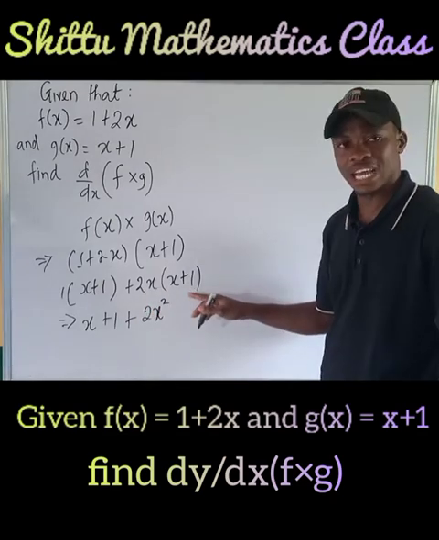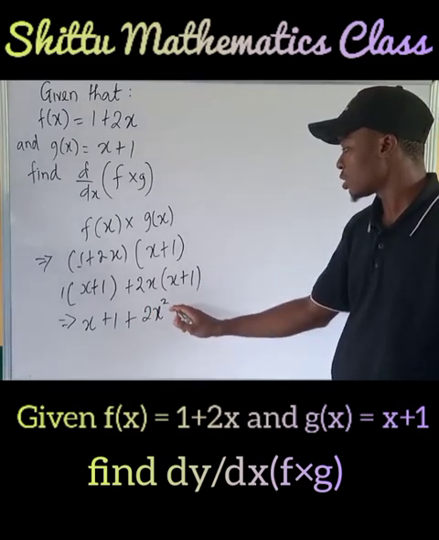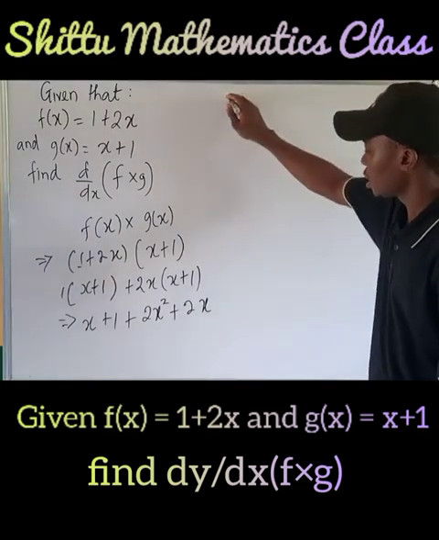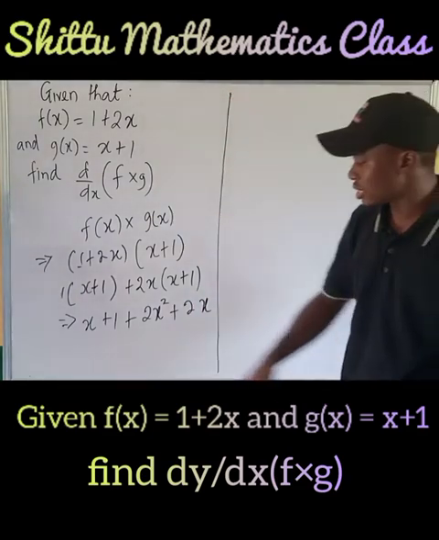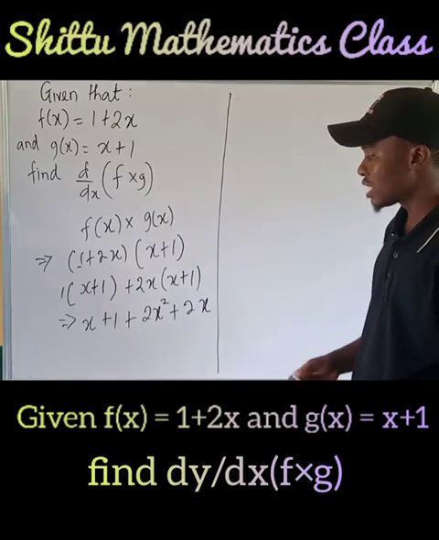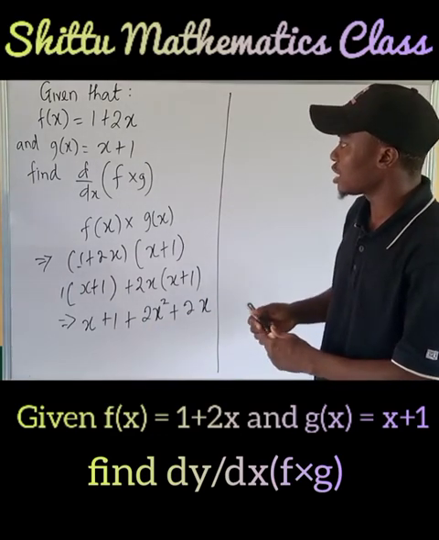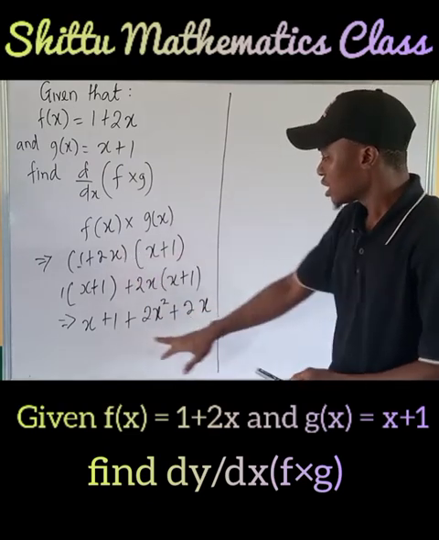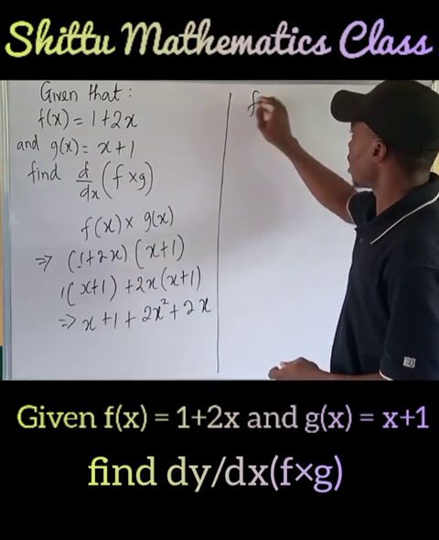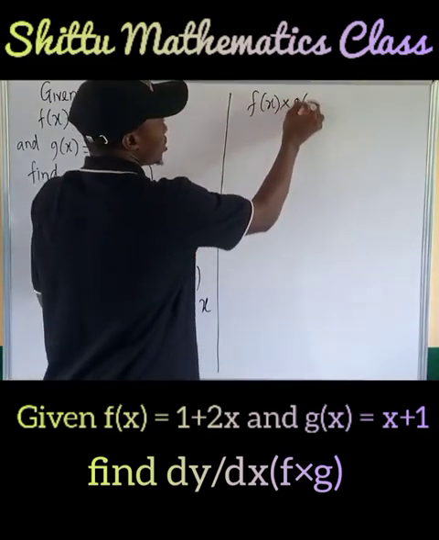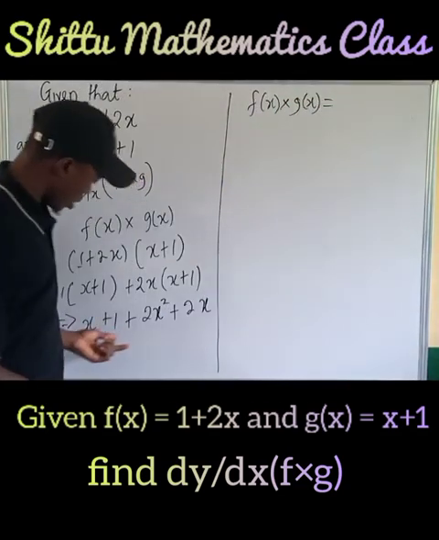Then 2x times 1, we have plus 2x. So now from here, let's try to combine this together by collecting the right hand and see what we are going to have. So we have 2x squared. But don't forget that this is f of x multiplied by g of x that we have, right?